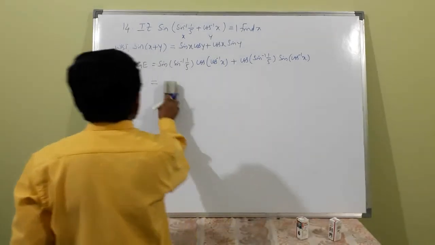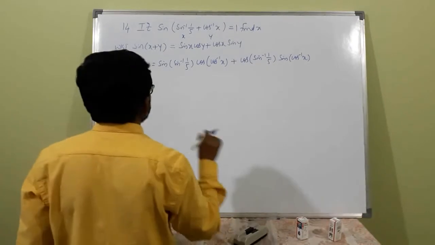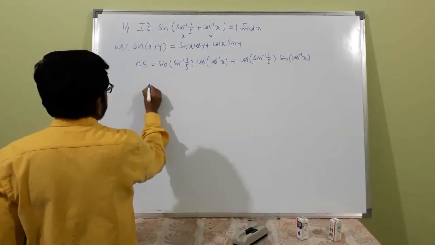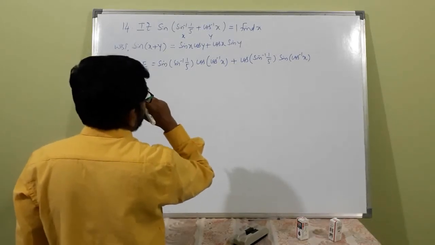Let us find these values first. Sin inverse 1 by 5.